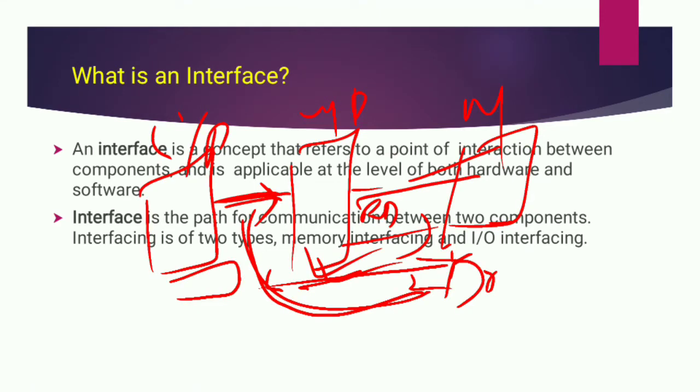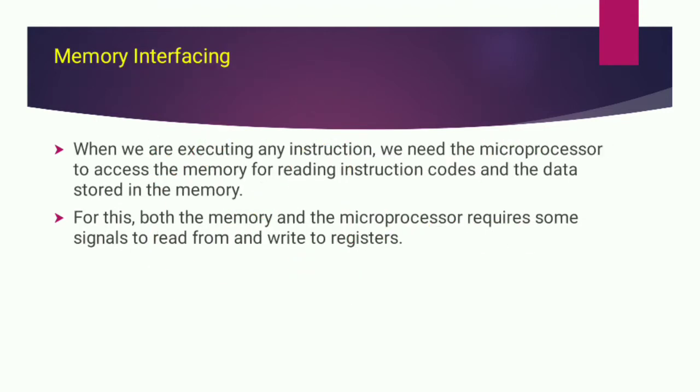Interface is of two types: memory interfacing and IO interfacing. So let's start with memory interfacing. When we are executing any instruction, we need the microprocessor to access the memory for reading the instruction code and the data stored in the memory.